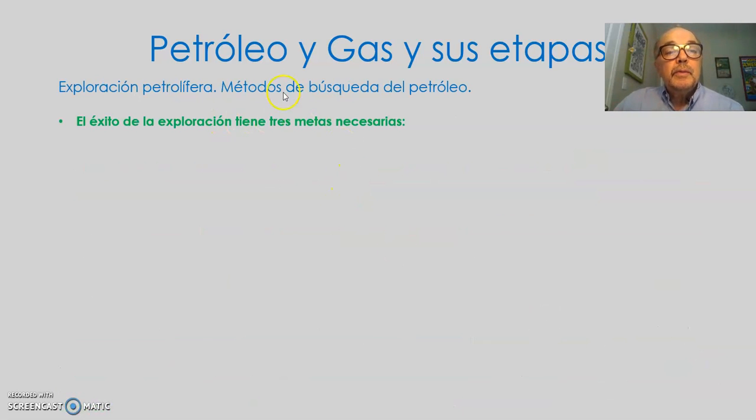When we decide to go on an exploration operation, the best result for the exploration stage is that we find a trap: a structure, a stock rock and a seal rock.